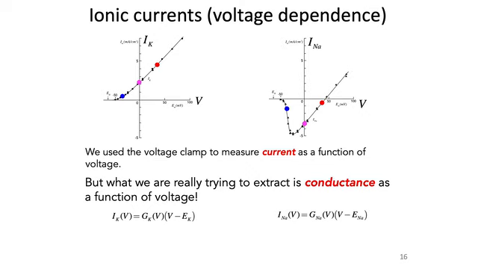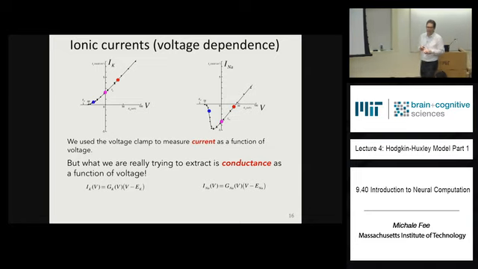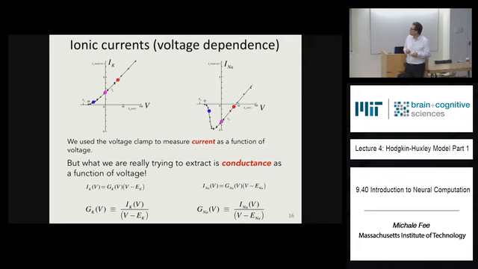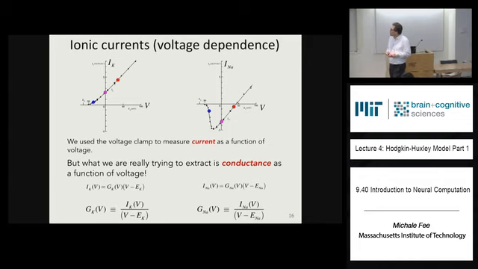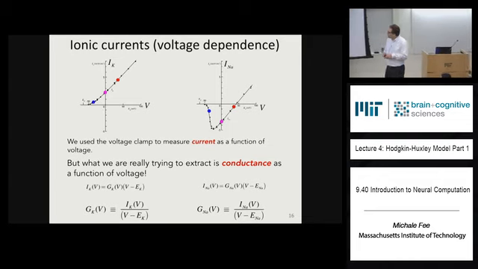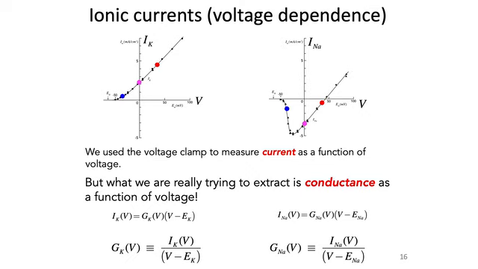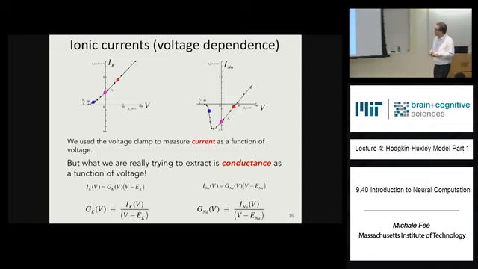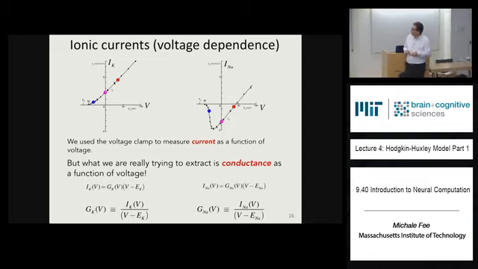And remember that it's just conductance times a driving potential. For potassium, sodium current is just sodium conductance times the sodium driving potential. So you could imagine extracting the conductance as current divided by the driving potential. Okay? So this is what we're really trying to find.